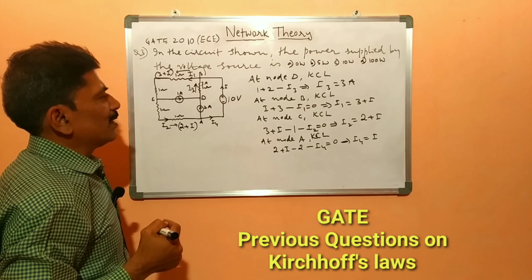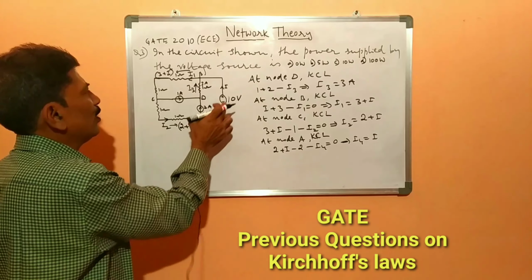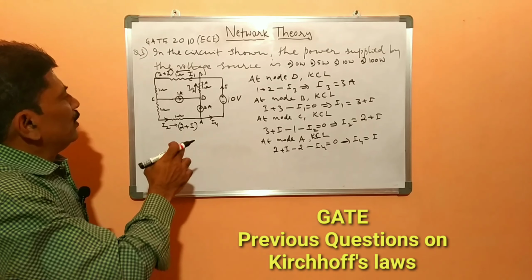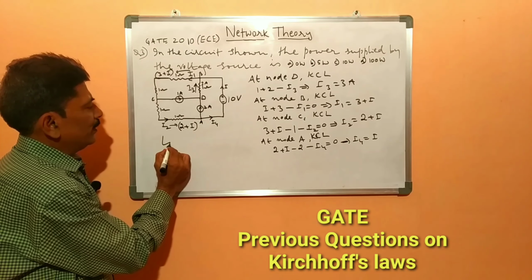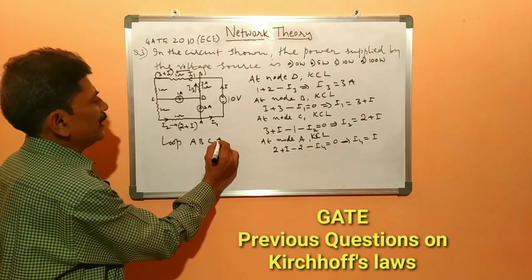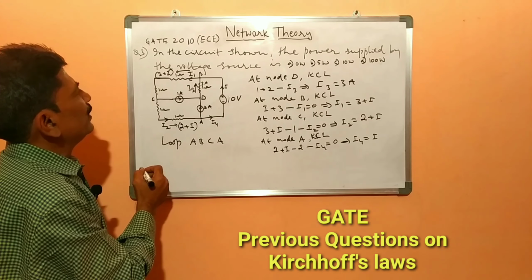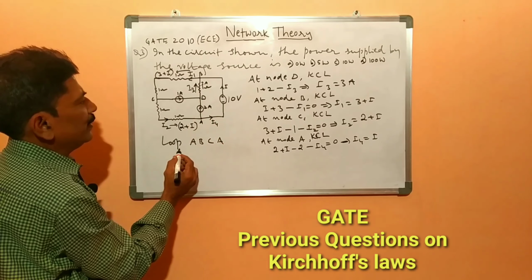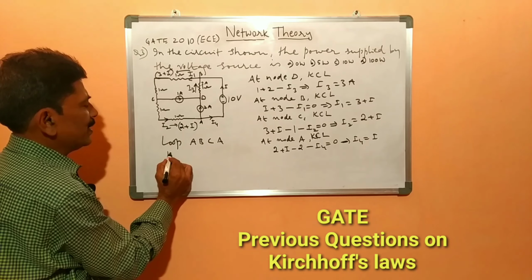Now let us apply Kirchhoff voltage law to the outer loop and find out I. Starting from A, let the loop be A, B, C, A. A to B, rise in potential, so plus 10.